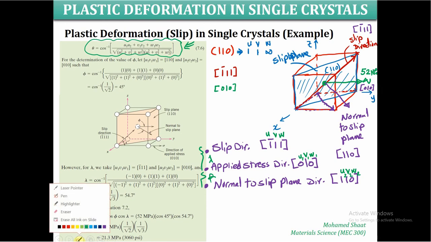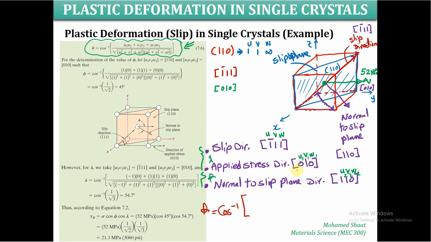So phi equals the cosine inverse of U1, which is 0, times U2, which is 1, plus V1, which is 1, times V2, which is 1, plus W1, which is 0, times W2, which is 0, divided by the square root of U1 square, which is 0 square, plus V1 square, which is 1 square, plus W1 square, which is 0 square, all multiplied by U2 square, which is 1 square, plus V2 square, which is 1 square, plus W2 square, which is 0 square.